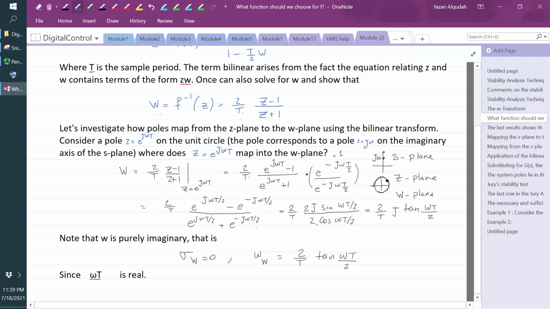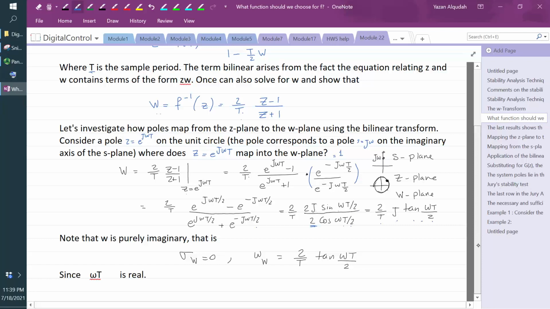The denominator is going to equal 2 multiplied by cosine omega t over 2. Of course, there's a factor of 2 in both, and the 2 with the 2 is going to cancel. I'm going to get 2 over t multiplied by j multiplied by tangent omega t over 2.